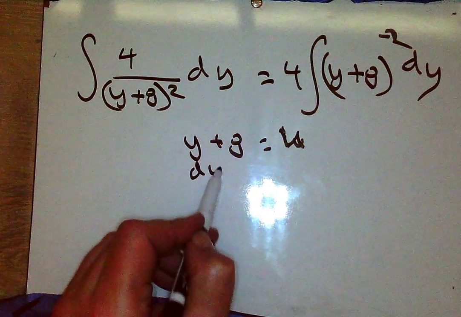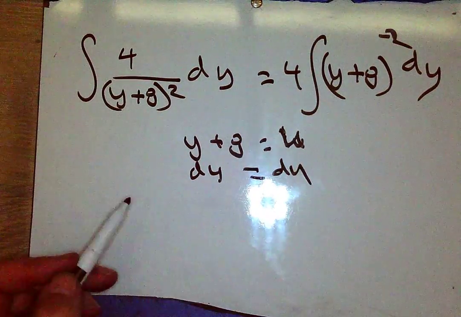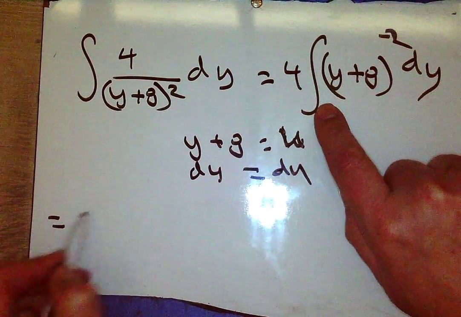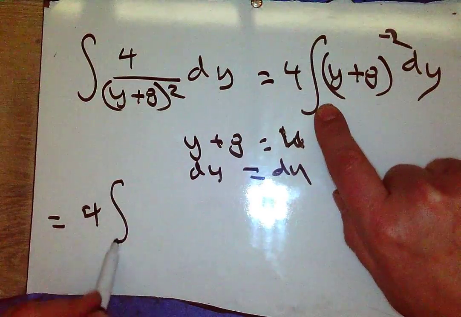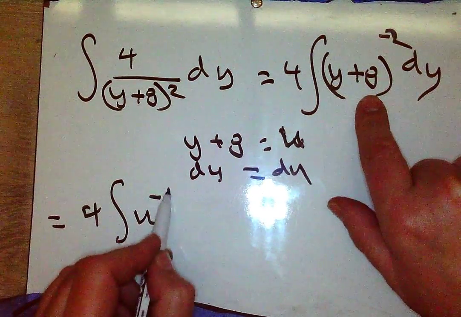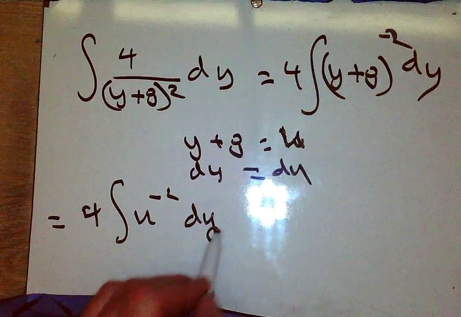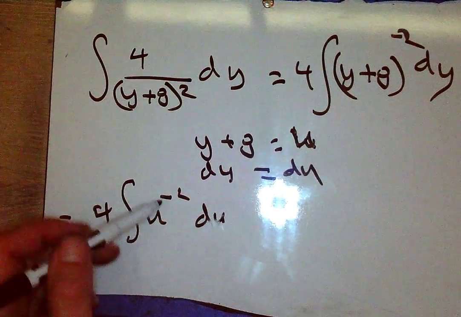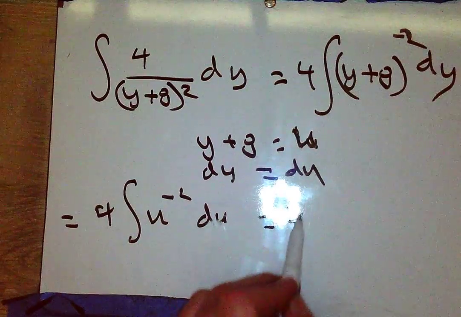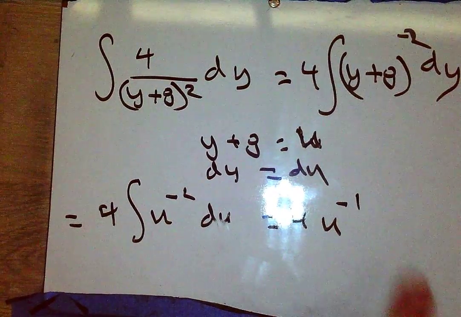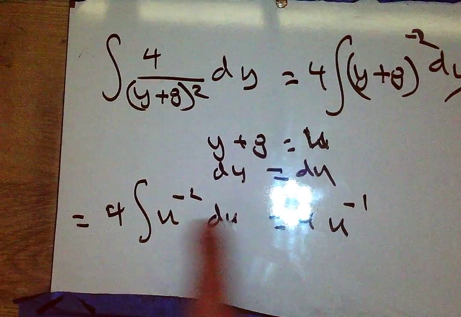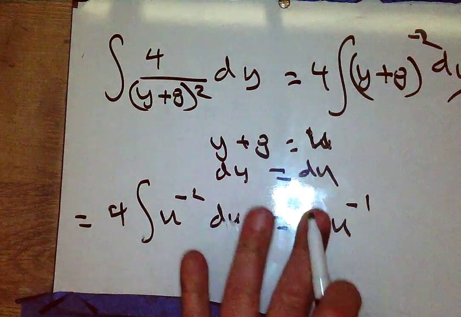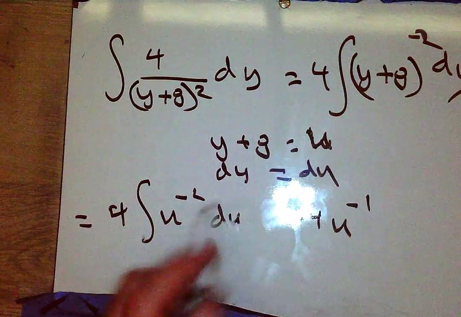And so that dy would be du. So this now becomes 4 times the integral of u to the minus 2 du. Okay, so antiderivative here. Well, not quite, because when we bring down that minus 1, I don't see any negative here. So that is what I'm looking for.